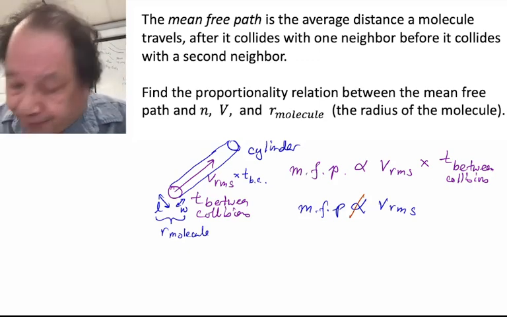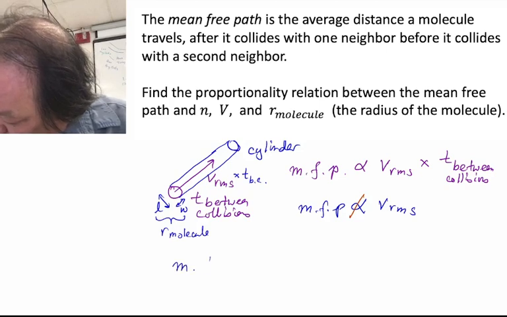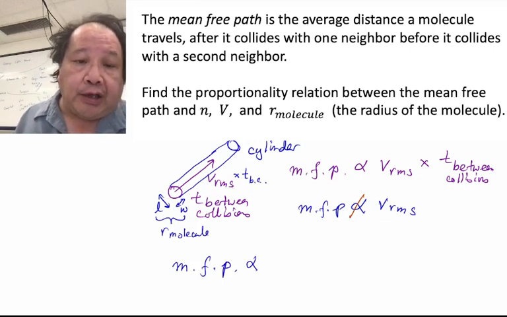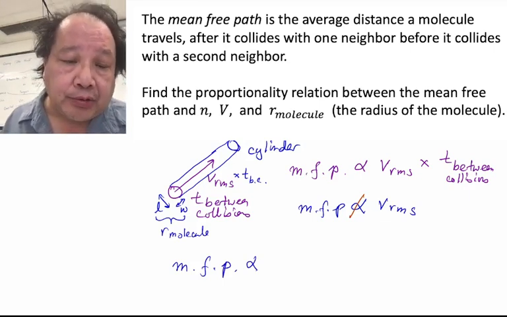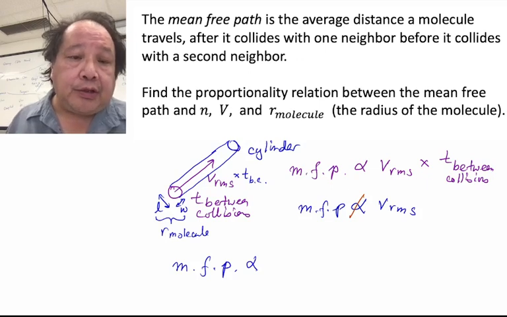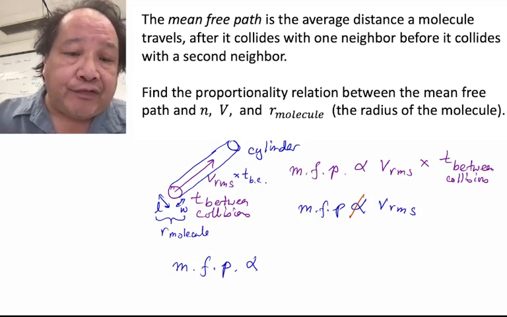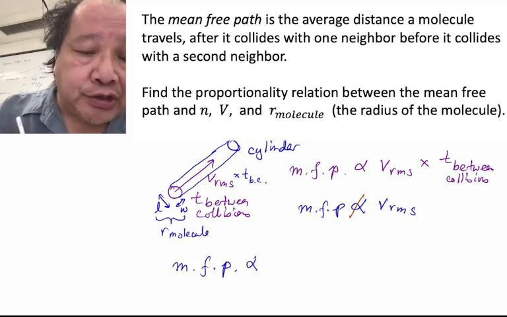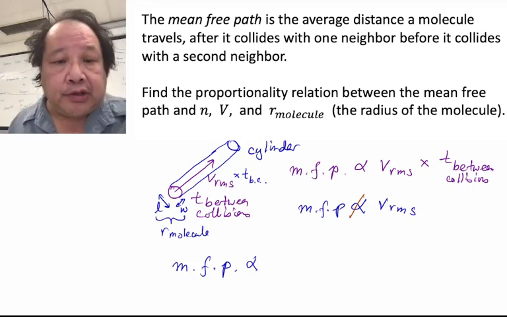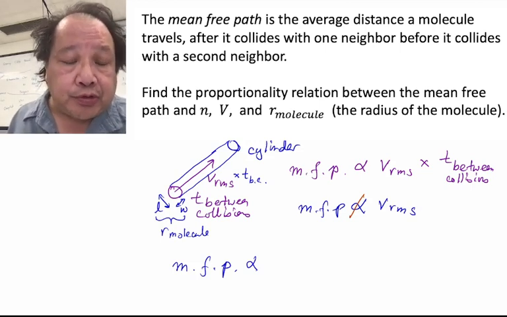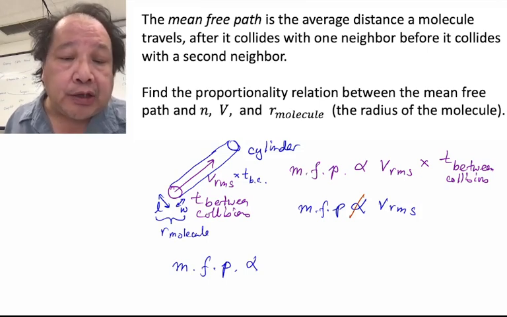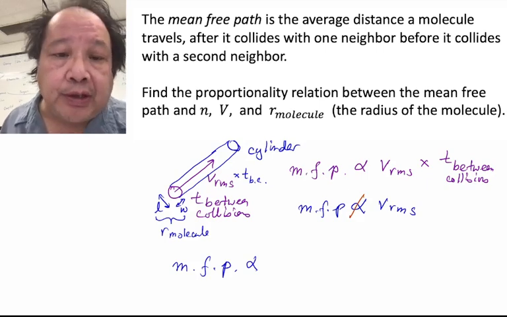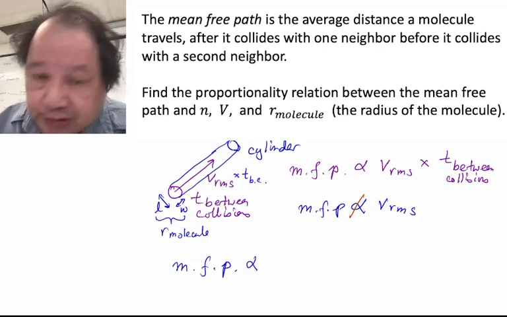So MFP, the mean free path. If I double the number of molecules, then the cylinder will have to be half as big for us to just encounter a single molecule. Doubling the number of molecules will make the cylinder smaller because the chance of our running into another molecule is greater. So doubling N, the number of molecules in the flask, I'll draw a picture of that here.